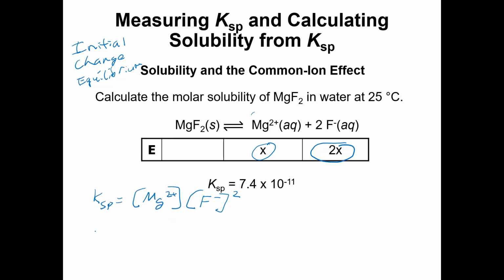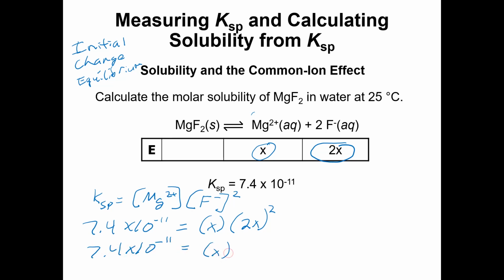So then we can plug in what we know. 7.4 times 10 to the negative 11 is equal to, we represented magnesium as X and fluoride as 2X. So we're going to work this out algebraically. We square the 2X: 2 squared is 4, and X squared is X squared.